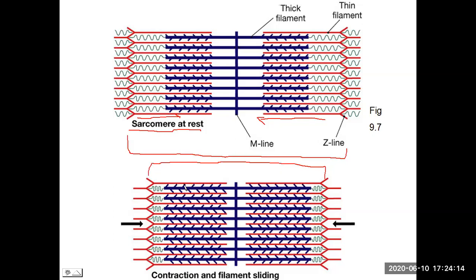However, the length of the myofilaments, thin and thick, remains the same. The I band area is reduced in size. And you also notice here, the H zone is also reduced in size as well. More actin is moving into the A band, reducing the size of the H zone.